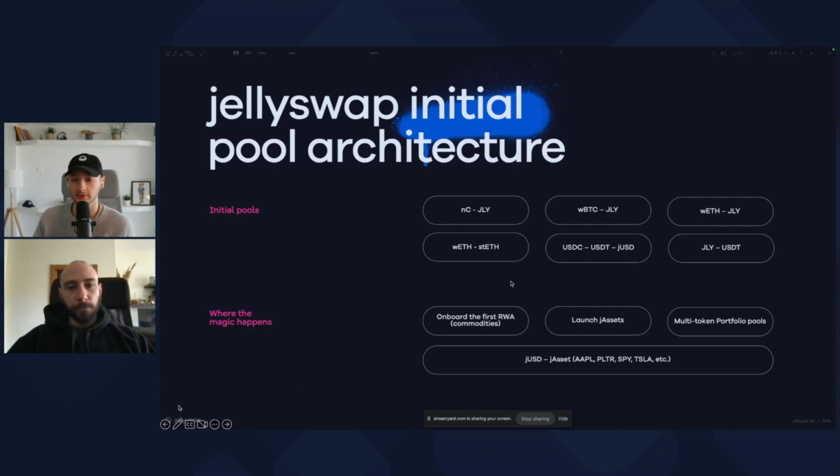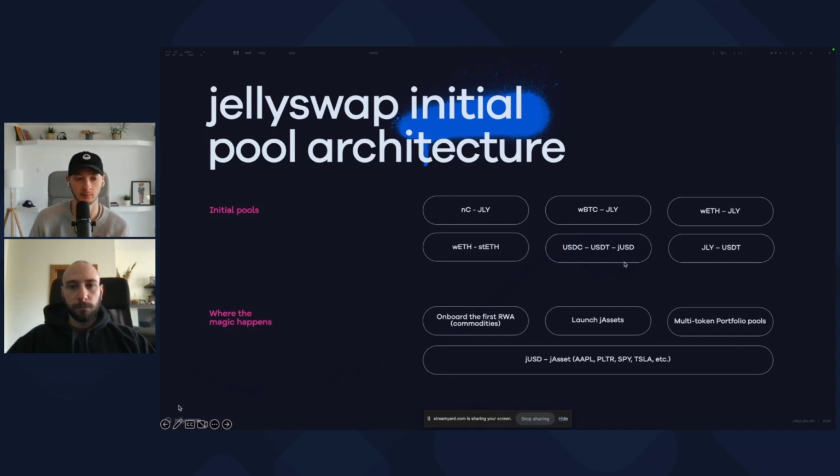Absolutely. I think the USDC, USDT, JUSD pool might also be a placeholder for a potential three stablecoin pool with DAI or any other very successful stablecoin on the native chain that we're going to launch on. Those pools are very famous. This is the pool that basically made Curve so famous, and behind this pool is the math of the stable pools.